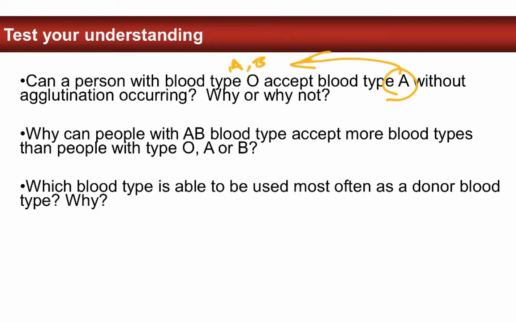Why can people with AB blood accept more blood types than people with O, A, or B? Well, a very superficial answer is because they're universal recipients, but that's not really an explanation, right? The explanation is that they have both the A and the B antigen on the surface of their cell, so the thymus tells the immune system, do not make antibodies against the A antigen or the B antigen, because that's who you are.